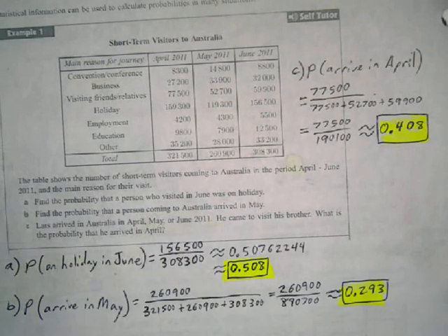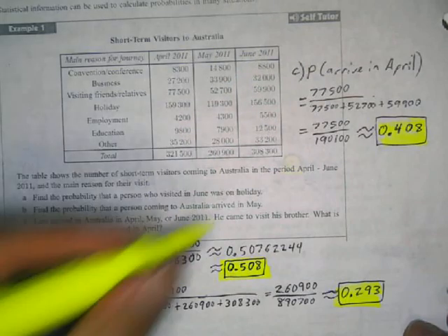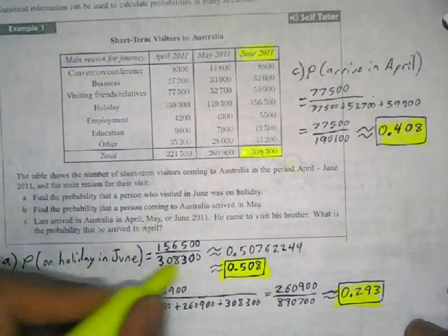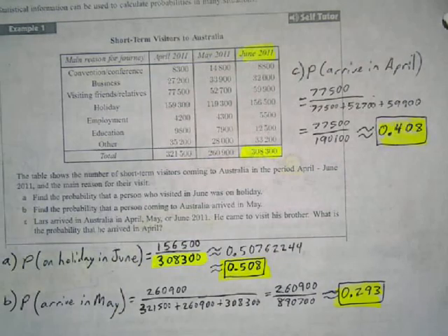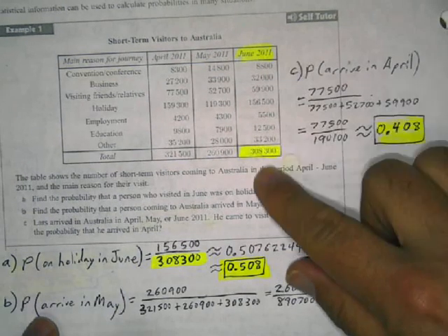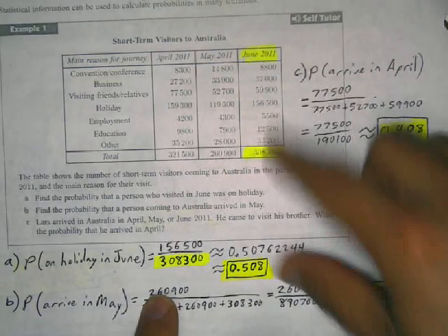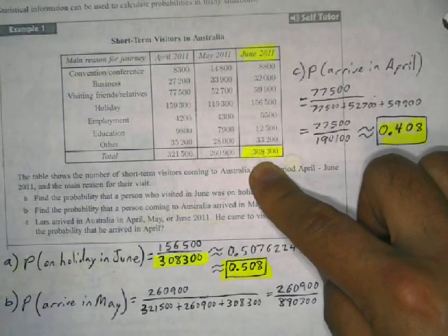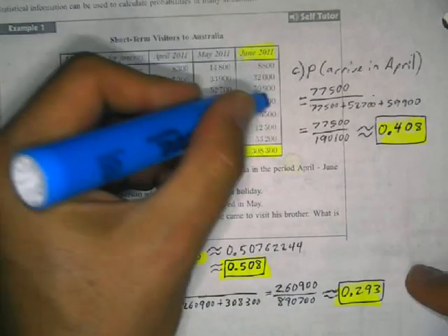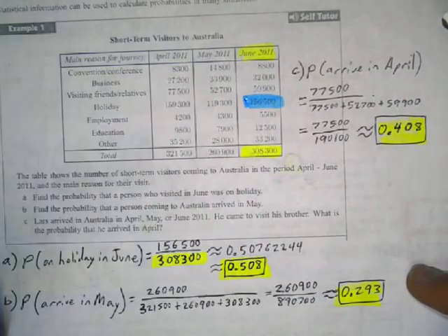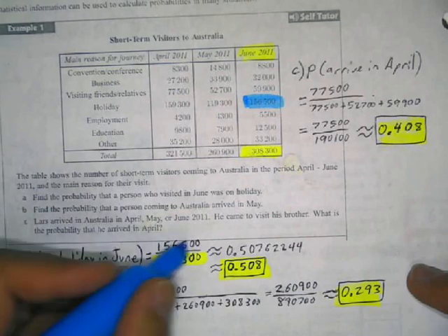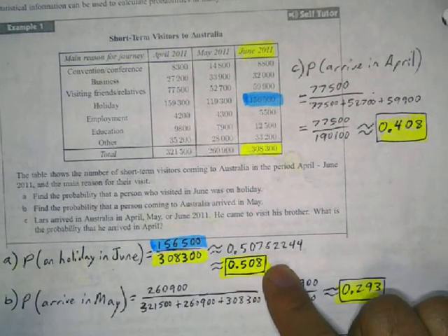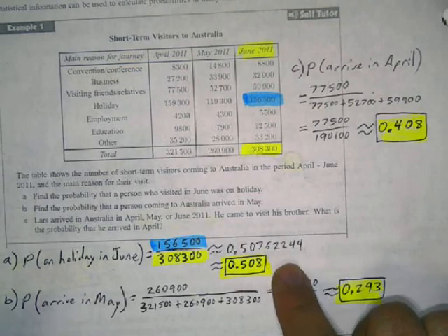So I see June, the number of people visiting in June, and if it was a holiday, there was 156,000 people. That's how I get this answer here, and then I round it to 3 sig figs.